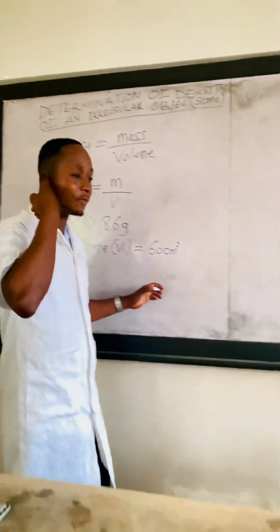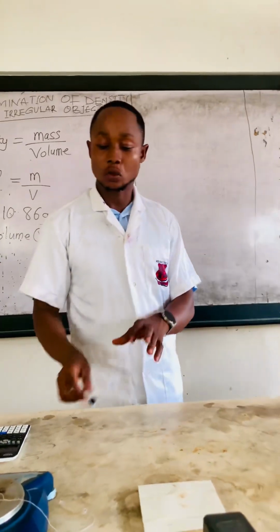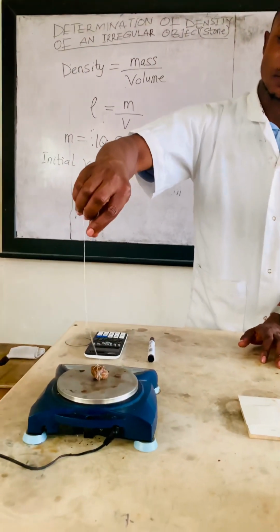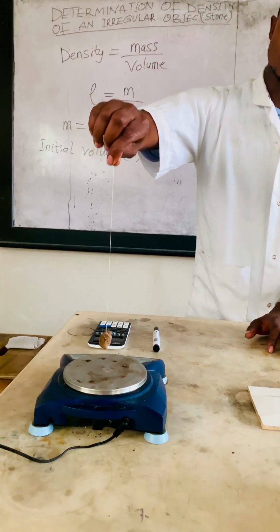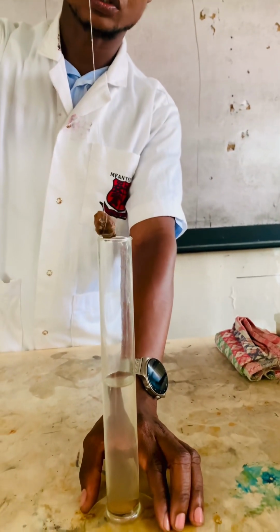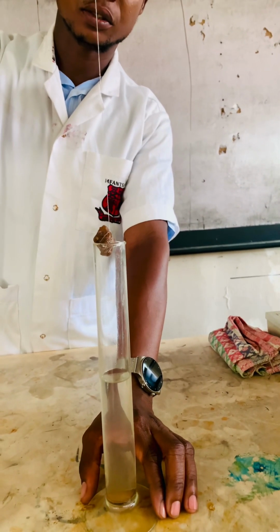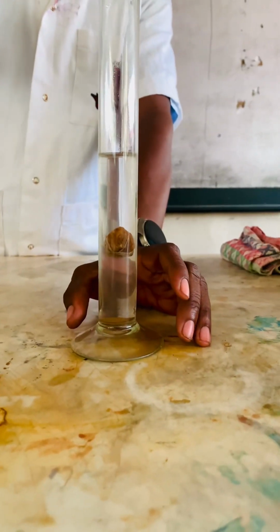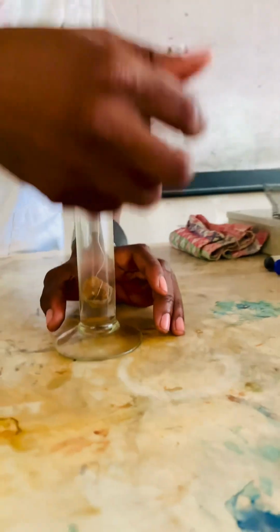From here, we have to get the final volume. So I'm going to gently immerse the stone. I have tied the stone with a thread. I'm going to gently immerse the stone into the measuring cylinder containing a known volume of water. I'm immersing it gently, slowly into the measuring cylinder. Very good.